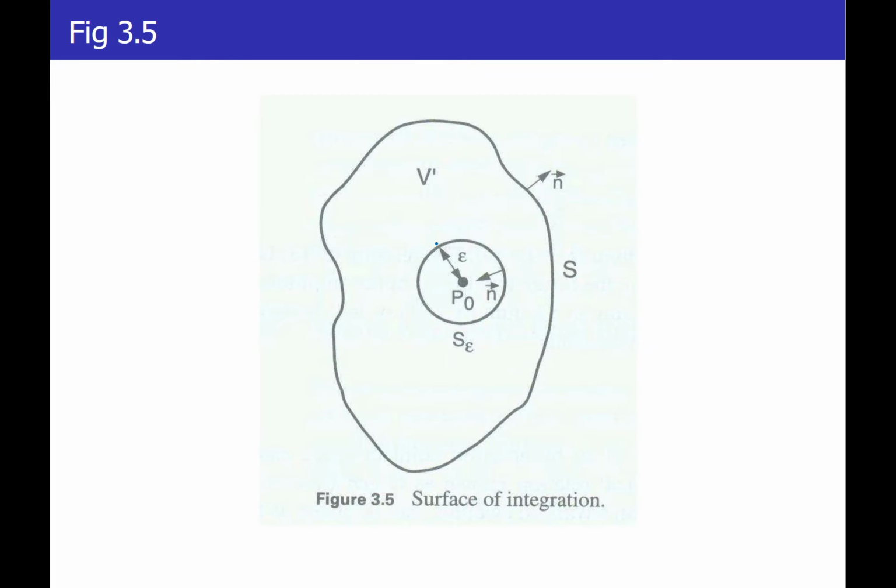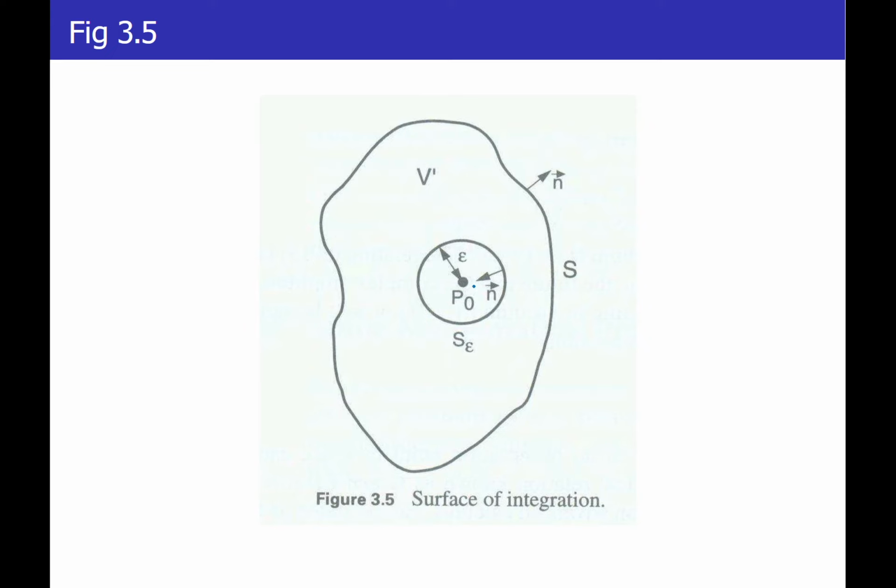So here is the case. Here is our observation point, and then we have a surface enclosing P0, and then there is something else, which is S epsilon. S epsilon has a radius of epsilon, and it is also enclosing this one.